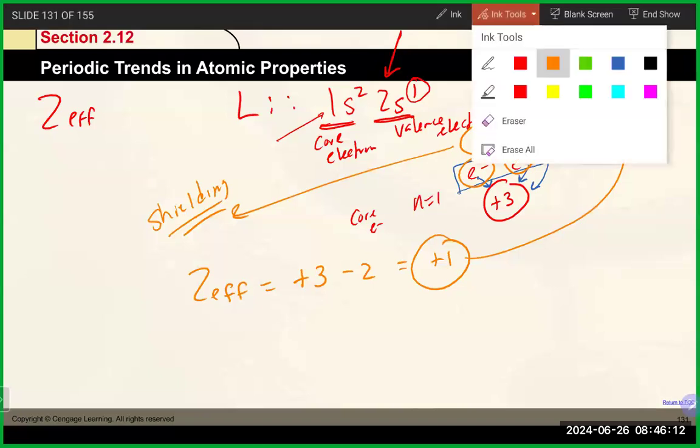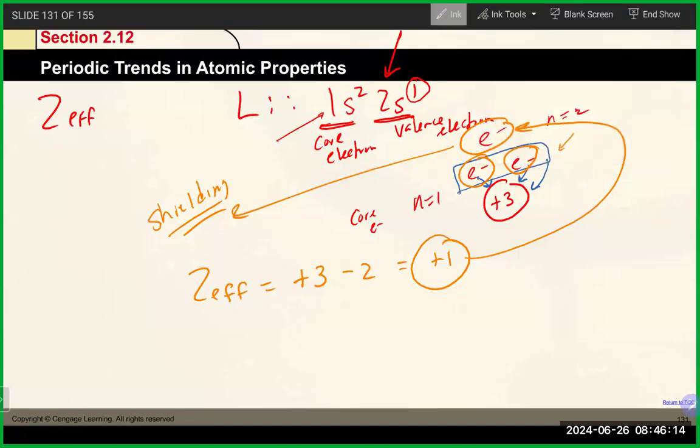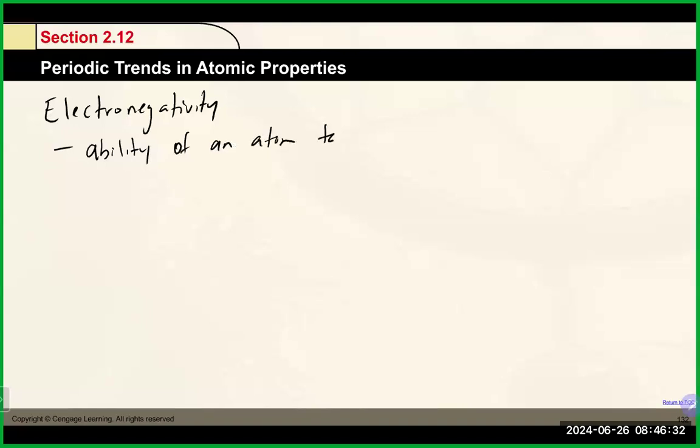Now, that is one trend, and another trend that's also important, and this is really from chapter 3, is electronegativity. Electronegativity is the ability of an atom to bring electrons towards itself.